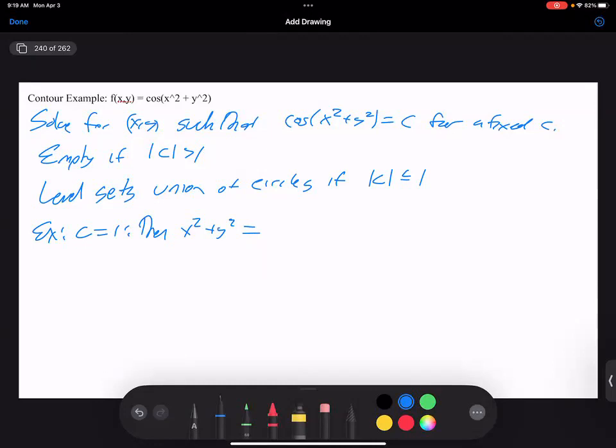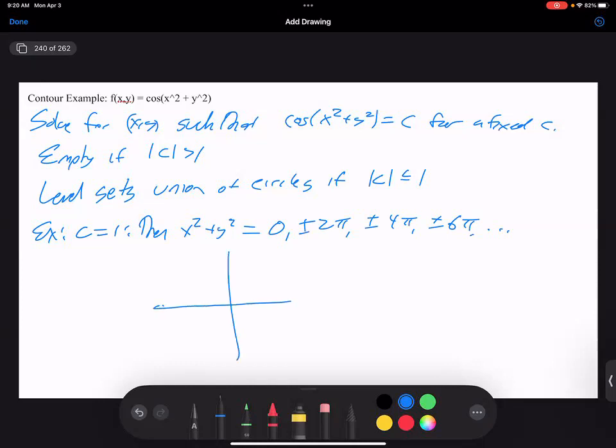What else has a cosine of 1? Two pi. So plus or minus 2 pi would work. What else? Plus or minus 4 pi. If we did pi, that would give you -1. What else? Plus or minus 6 pi, and so on.